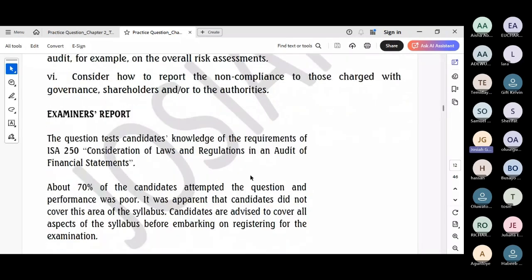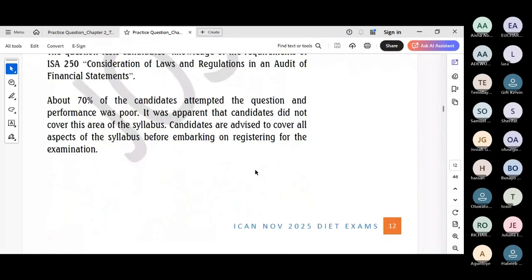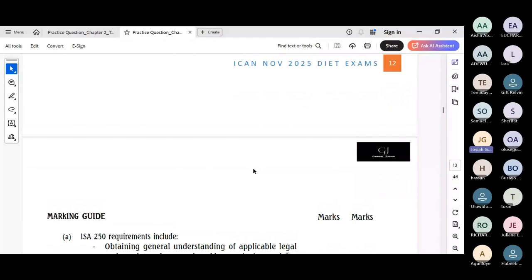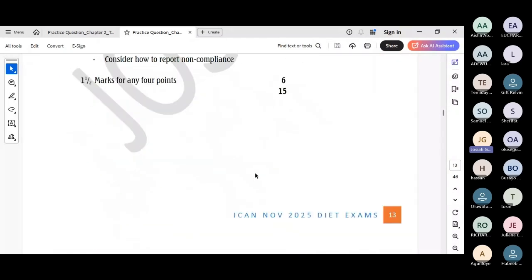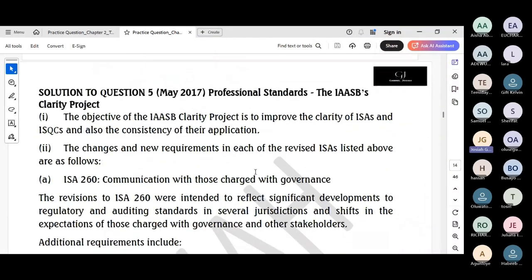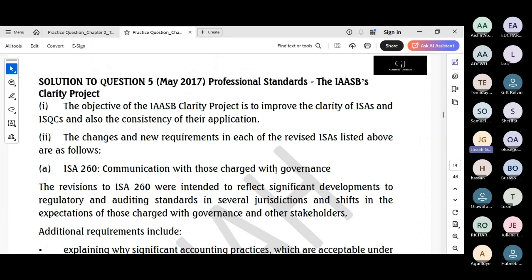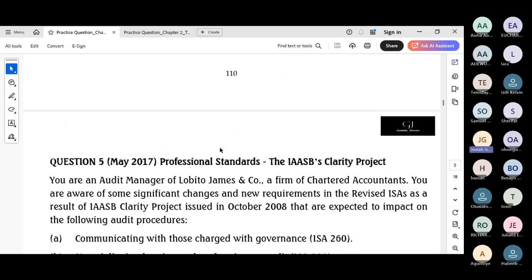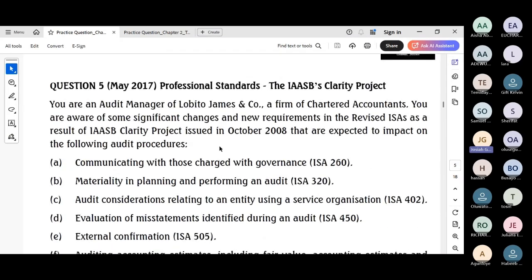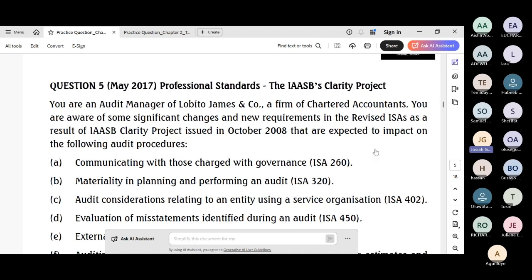Okay, so that's it for that question. Any observations? Any question? Before we move to the tough one, I don't like this question, this IASB clarity project, but then it's an area I didn't know to be examinable. But then anything is possible with ICAN. So any question on the last questions? We are quiet.